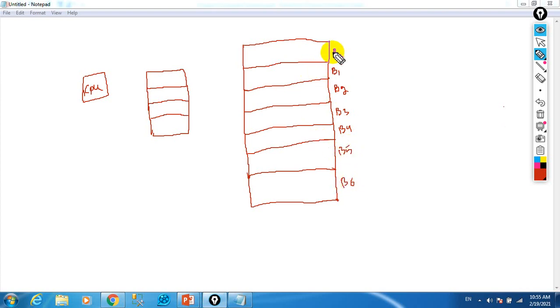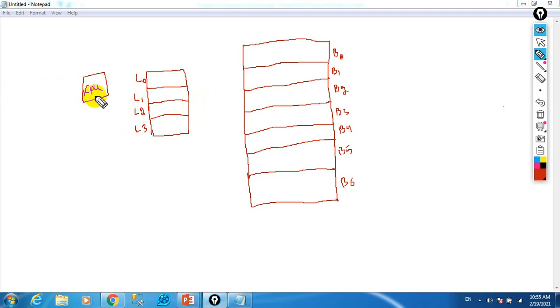This is block 0. Now in cache memory we have lines: line 0, line 1, line 2 and line 3.